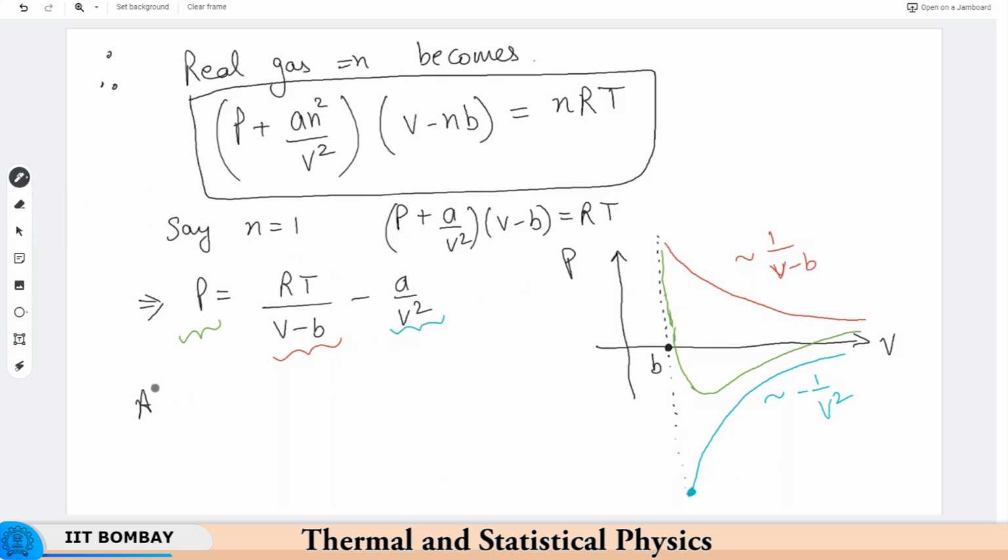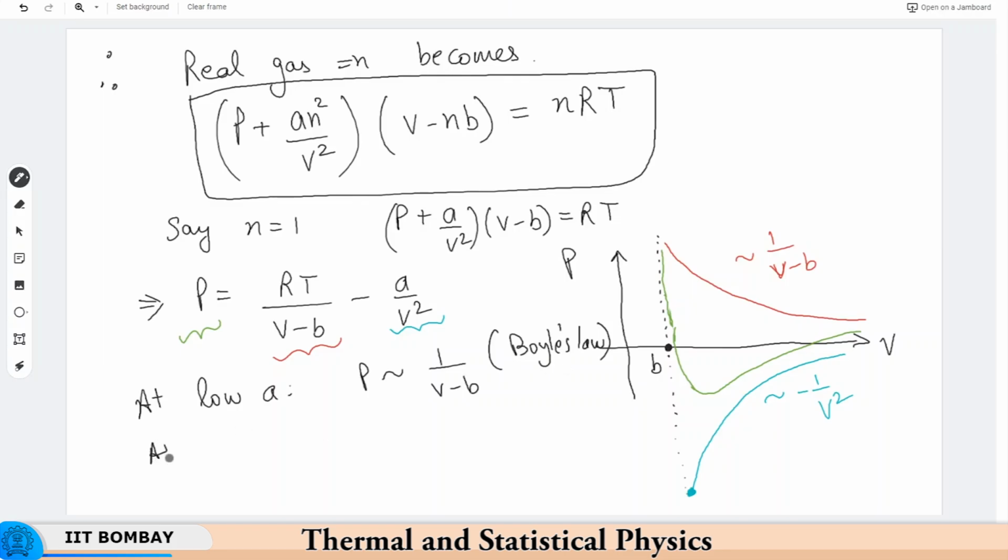And you can see that at low a, the contribution of this blue line will be very small, and the pressure will decay inversely with volume, as we expect from Boyle's law. So P scales inversely with volume, Boyle's law.